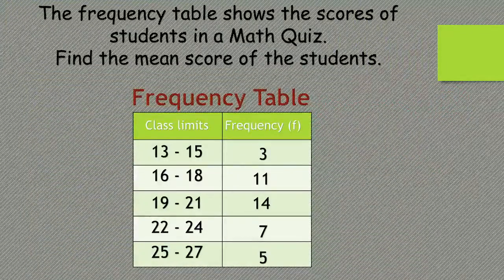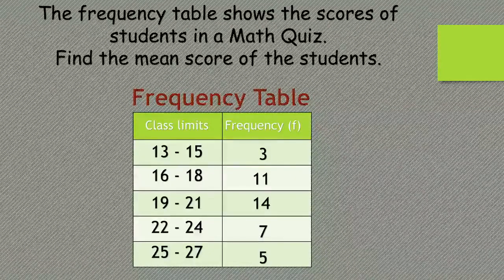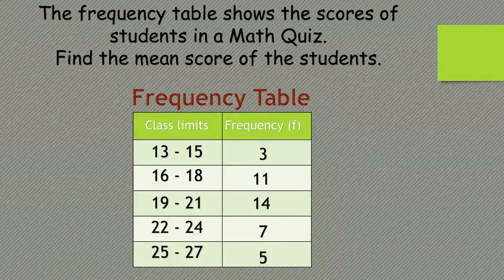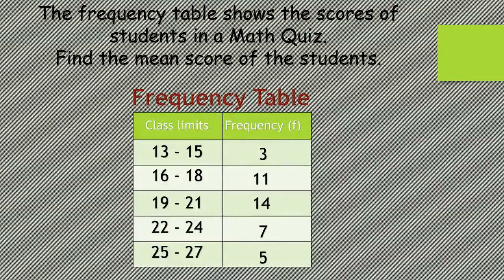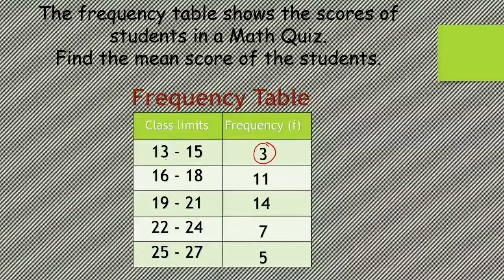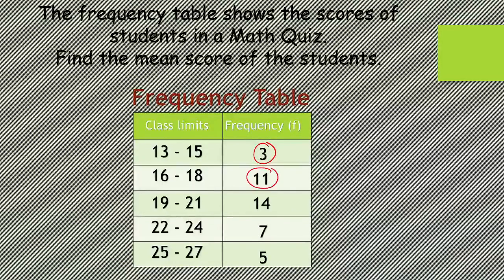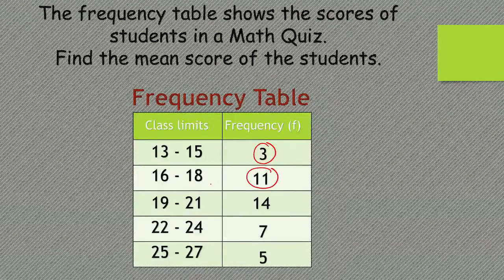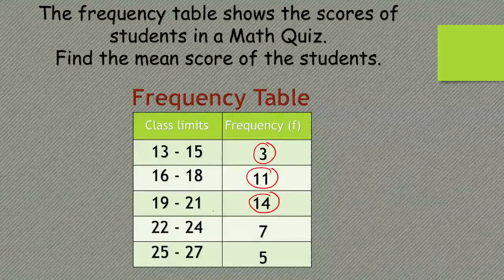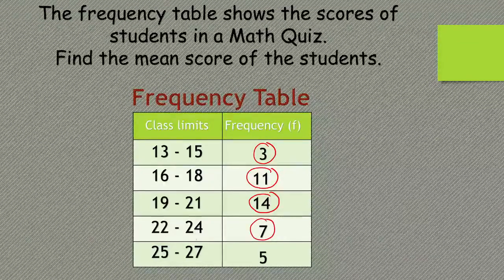So, we have here the frequency distribution that shows the scores of the students in a math quiz. You have here, there are 3 students who got a score of 13 to 15. 11 students got a score of 16 to 18. 14 students got a score of 19 to 21. 7 students got a score of 22 to 24.